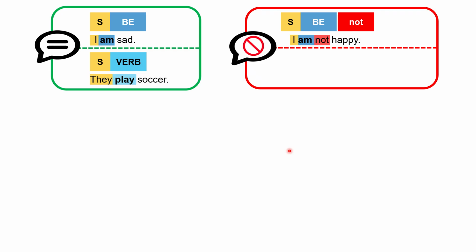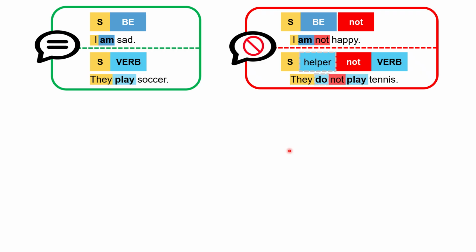For other verbs, when we make it negative, we need a helper verb. Subject, helper, not, verb. This helper is usually do or does. They do not play tennis.